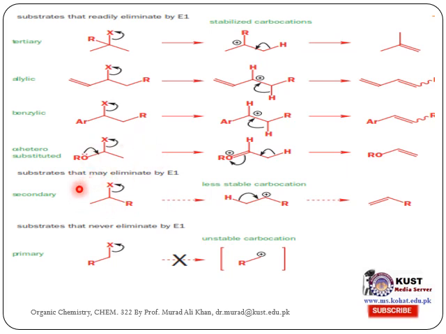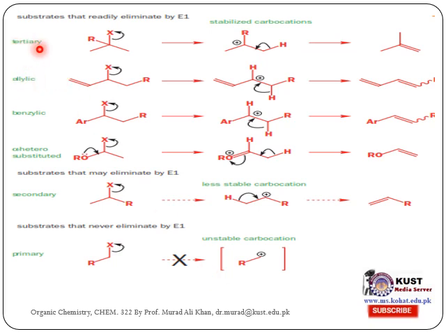Now these are the substrates that may eliminate by E1 reaction, the secondary one. Because the carbocation is less stable, it may eliminate by E1 or may not. And these are the substrates that never eliminate by E1 reaction, the primary one. Why? Because the carbocation is very unstable.